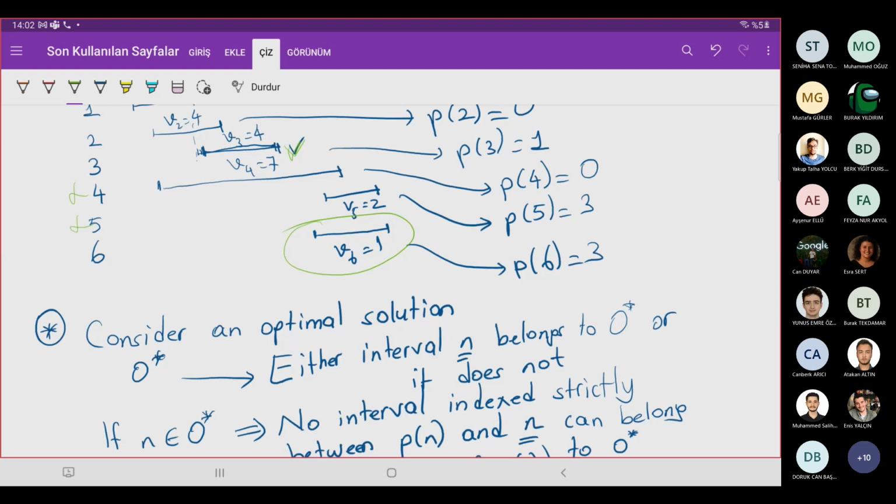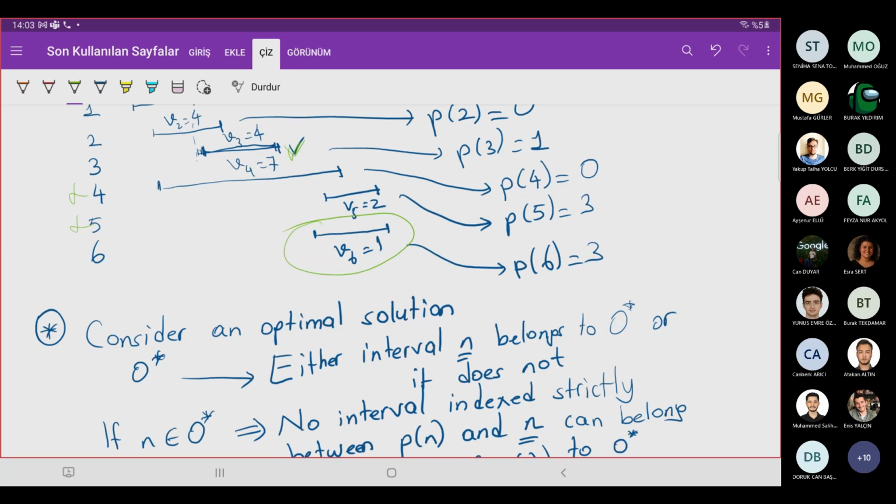And they do here, 4 and 5, right? Otherwise, we would have included them as Pn if they didn't overlap with interval 6.